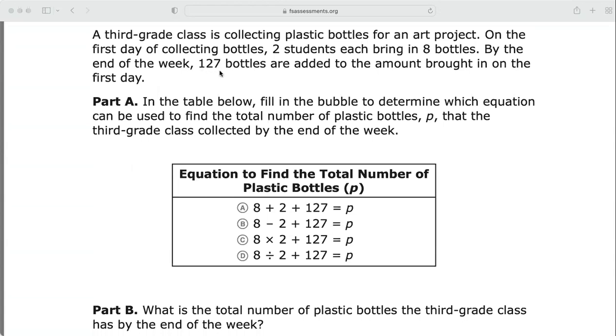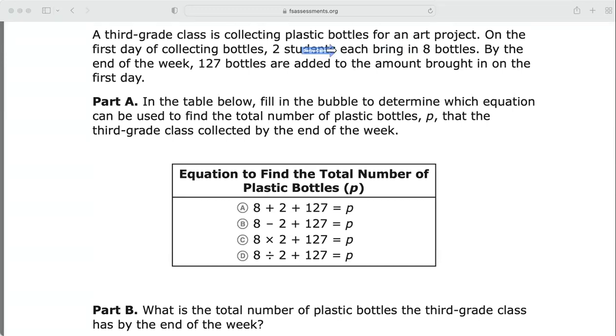We know 127 was added. So if you look at the answer choices, they all have plus 127 on them. What's different is what we are doing with the 8 and the 2. So let's check that out up here. 2 students each bring in 8 bottles.